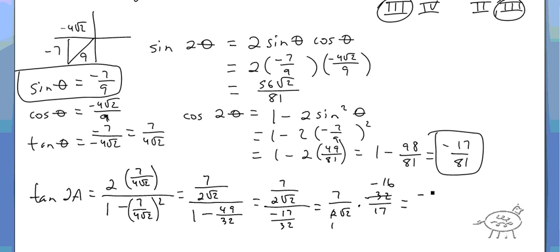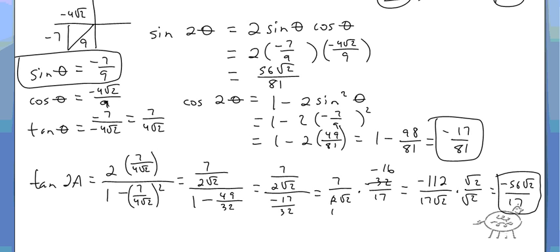So negative 112 over 17 root 2. And our last step then is rationalize. It's a little evil nasty, right? And we can take a 2 out of there, so it's actually negative 56 root 2 over 17. Whew, brutal. Okay, so that is tangent of 2A.